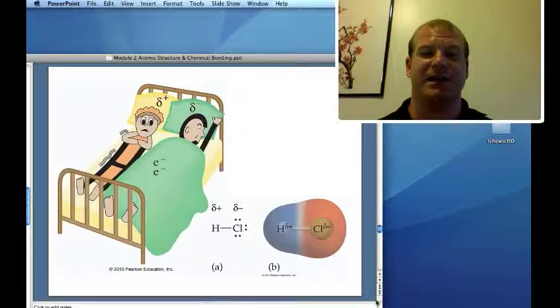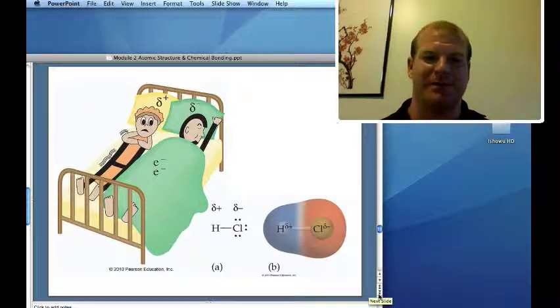You can see hydrogen and chlorine in bed together, but chlorine is stealing all the blankets, all the electrons, and leaving just a little corner for hydrogen. Because of that, there's a really strong negative charge on the chlorine atom and a positive charge on the hydrogen atom. That's the polar covalent bond. Polar, like a polar bear you find at the North Pole, right? A polar covalent bond has two poles, a positive and a negative pole.